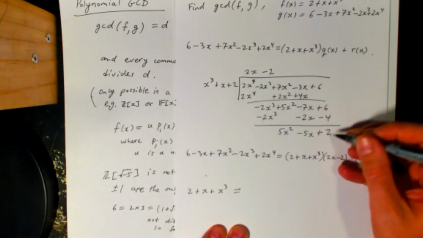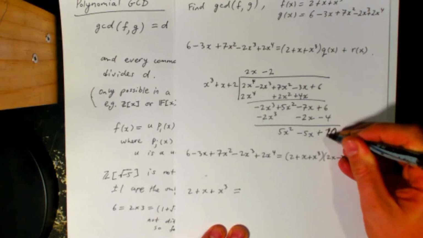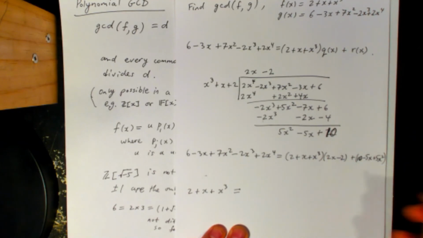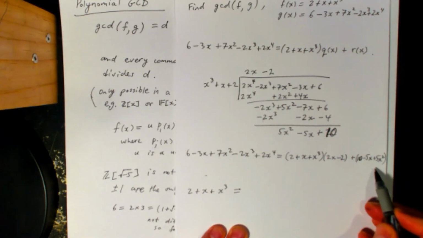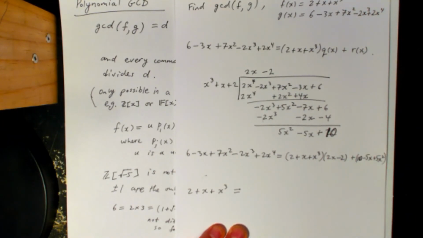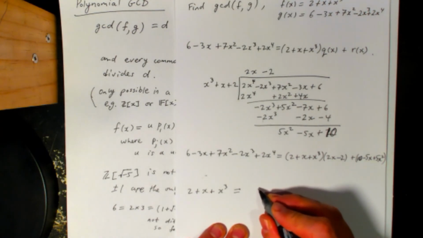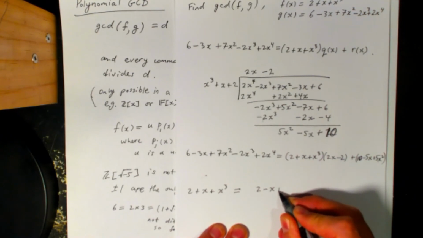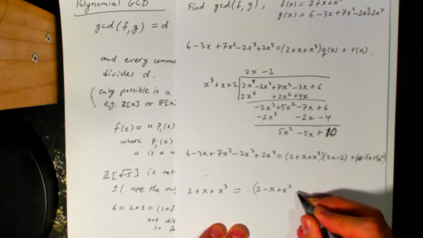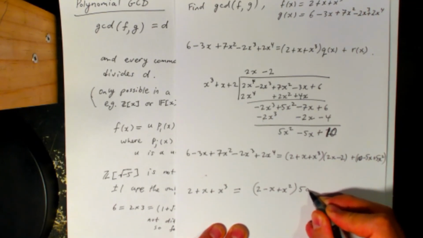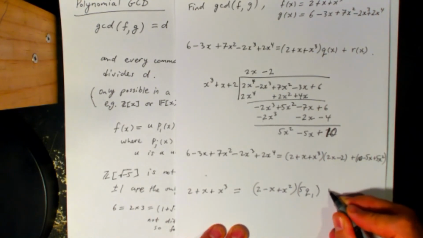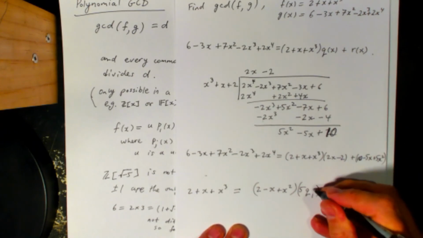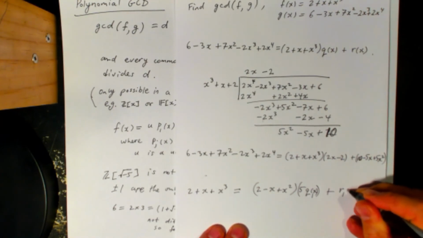Okay, 6 minus minus 4 is 10. I knew that didn't look quite right, so that's a 10 there. Okay, so everything's divisible by 5 here. So I want to factor out that 5 and write 2 minus x plus x squared, and then put 5q1 plus r1. So these are of x and of x.